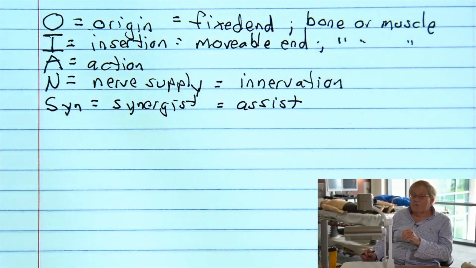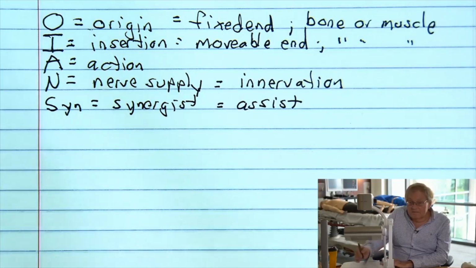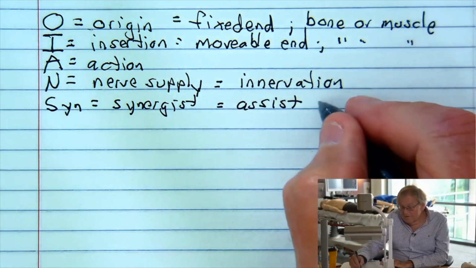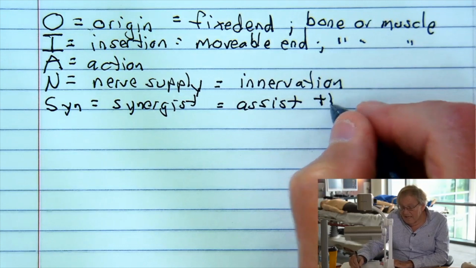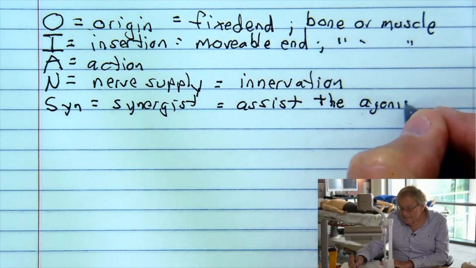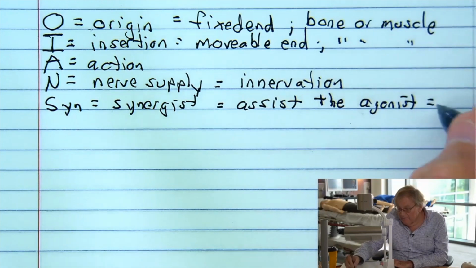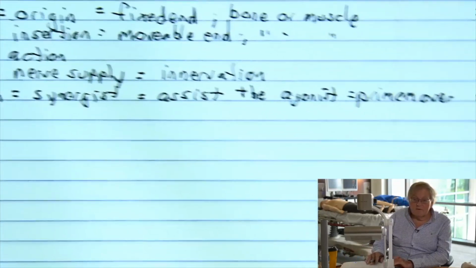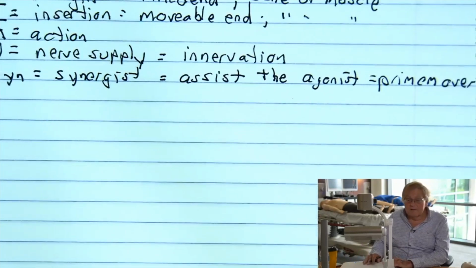So, for example, it's going to assist the agonist. And the agonist is called the prime mover. And I'll give you an example of that in a second, once I move on a little bit here.